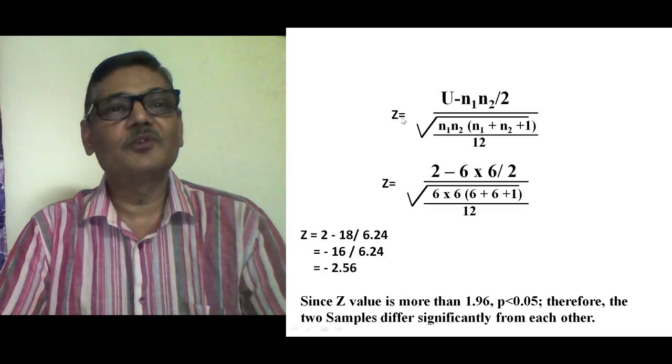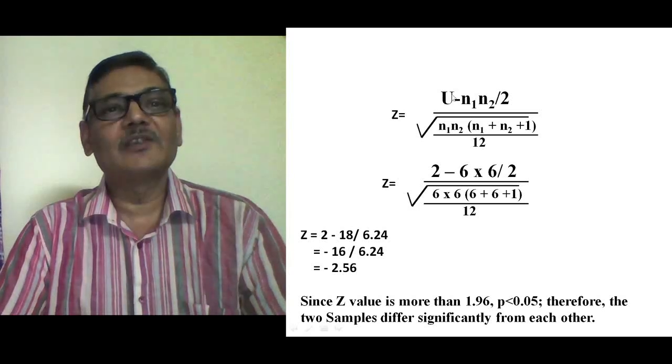So that I have shown here, Z is equal to the U statistic. You can take the U value of any sample, either the first sample or second sample, your result will be the same.